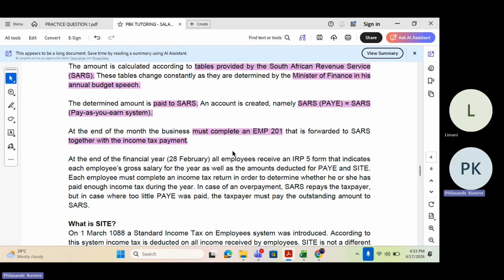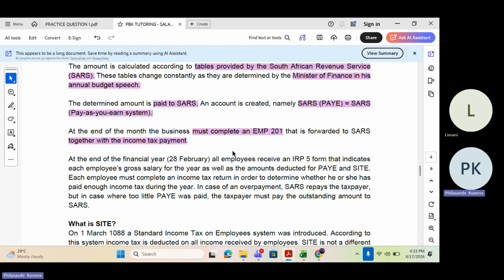EMP 201 is a document that we have to complete for each and every employee. If I have 10 employees in my company, I'm going to complete 10 EMP 201 forms. Those are the forms indicating how much each of my employees are earning and how much will be their tax that will be paid to SARS. Then I take those EMP 201 forms, I send them to SARS, and I pay the amount that is indicated by that form.